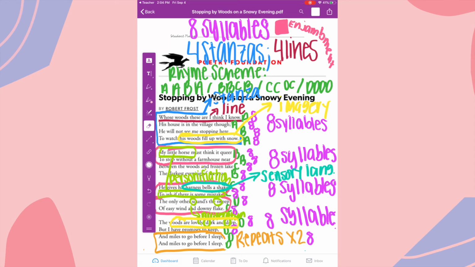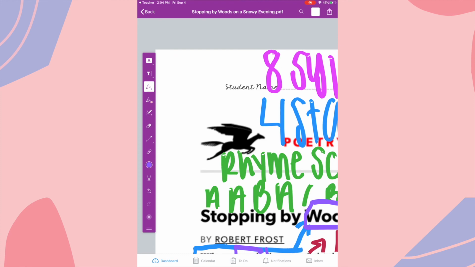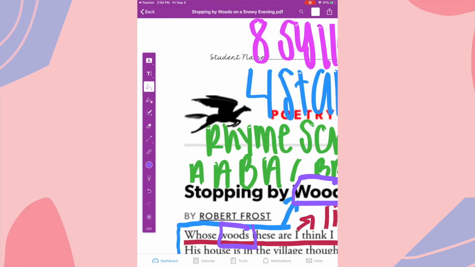Okay, I'm going to say, and again, I'm going to have to erase some things so we can see, woods, the woods here. So let's think about this. Our narrator is on a mission. He has promises to keep. He is doing some task for someone. So instead of going straight to his task and doing whatever it is that he promised he would do, he goes off course and he stands in the woods and he is admiring the beauty of the woods filling up with snow.